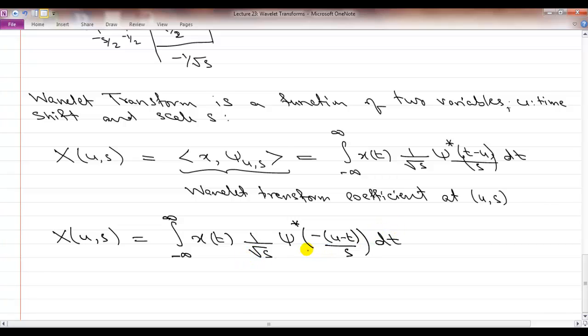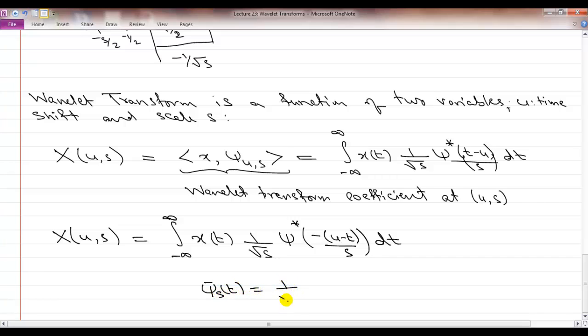Now this is exactly in terms of the convolution expression. X(u,s) is nothing but convolving X with the function, let's define it as psi bar s of t.